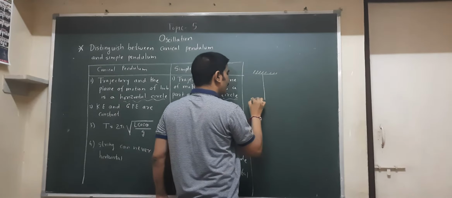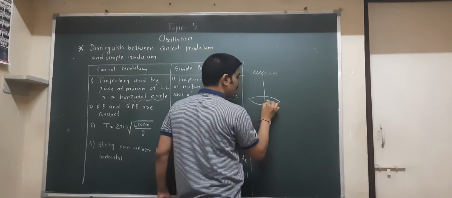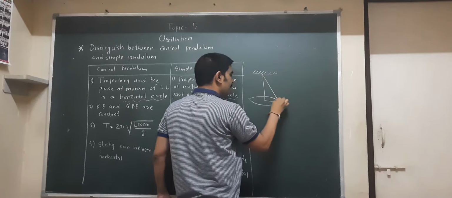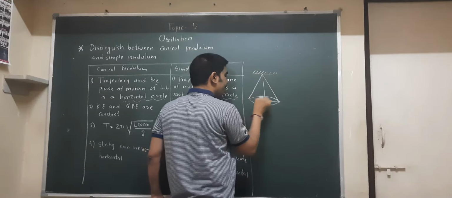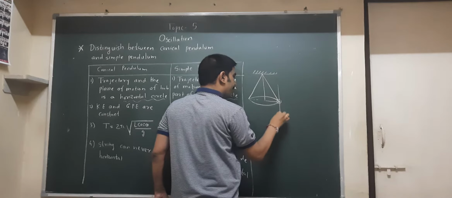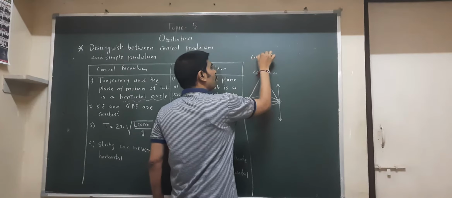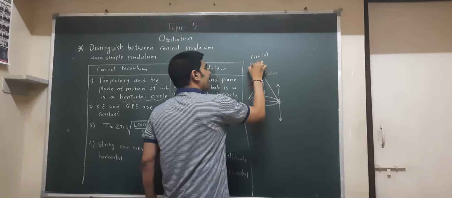the bob will perform a horizontal circle. So this is the diagram for the conical pendulum.